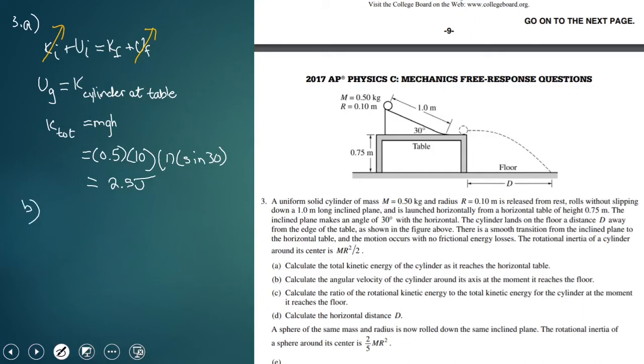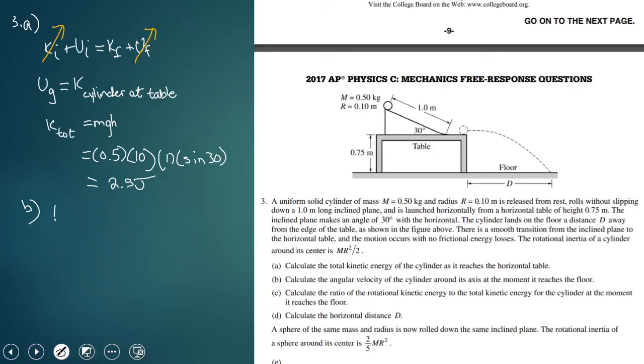Now for part B. It says calculate the angular velocity of the cylinder around its axis at the moment it reaches the floor. So this is where we would need to consider the rotational and the translational analog in order to consider angular velocity versus regular velocity.